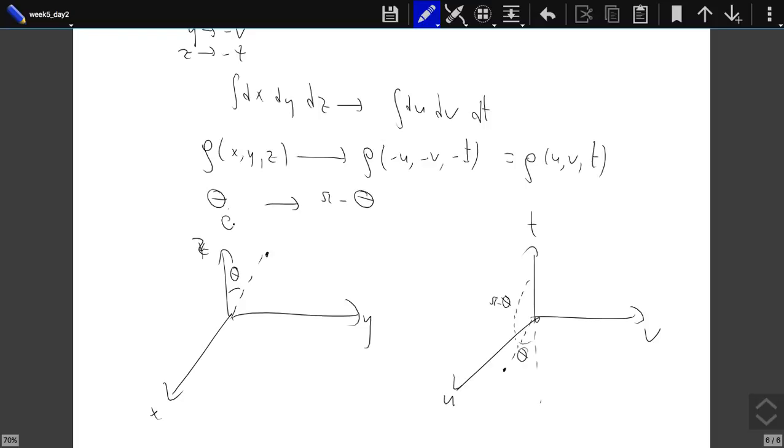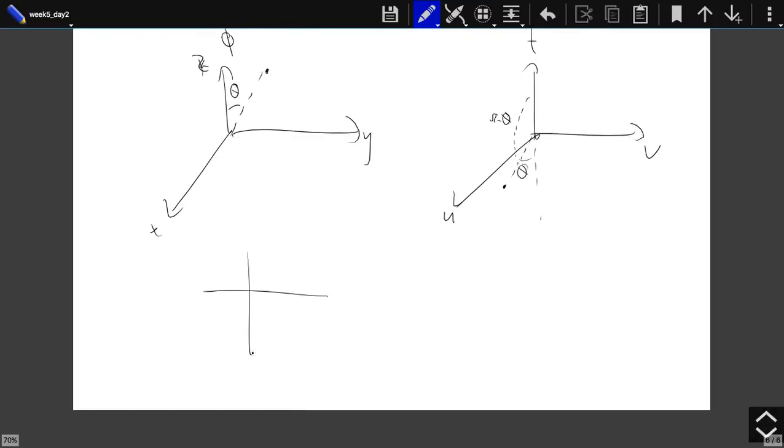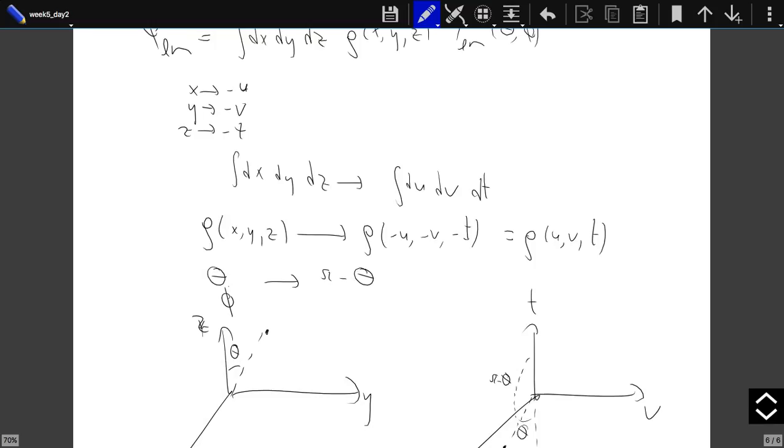And phi, well, if you look at the xy plane only, initially I had this point over here. In the UV plane, that point becomes this point. So basically I add a pi. Phi goes to phi plus pi.